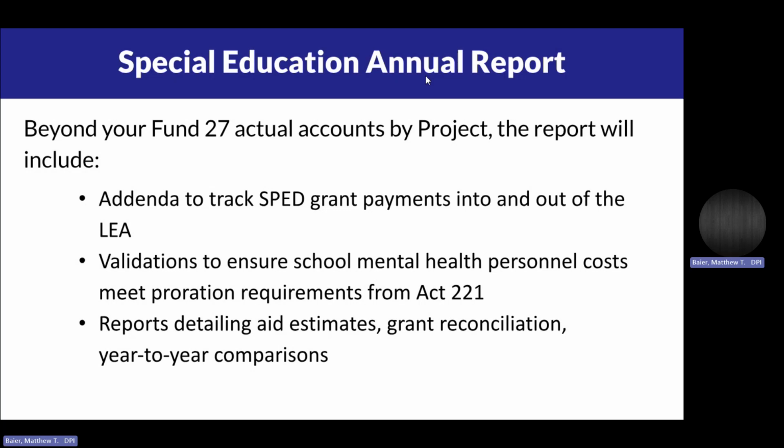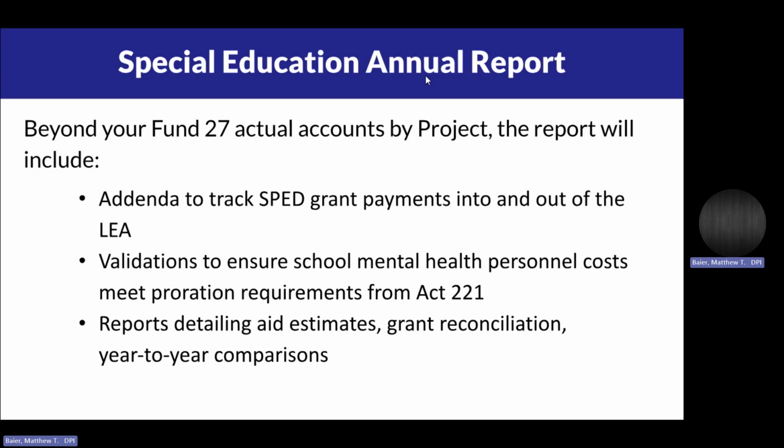Under a thing called Act 221, which basically requires us to look at how much you have in salary and benefits, say for school nurses in both Fund 10, the general fund, and Fund 27. And it basically caps it as, oh, you can only submit as aid eligible up to this percentage of that. There's a different prorated cap for each of those four areas.